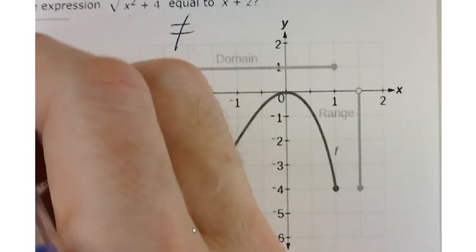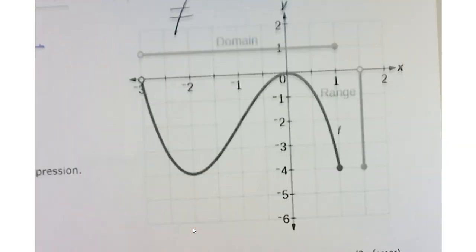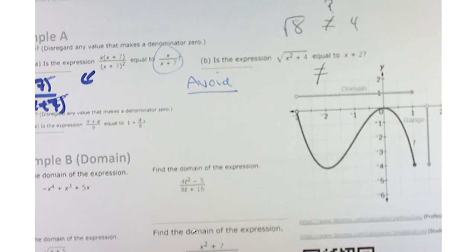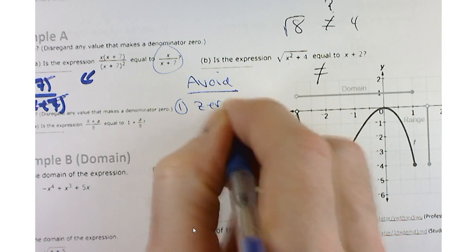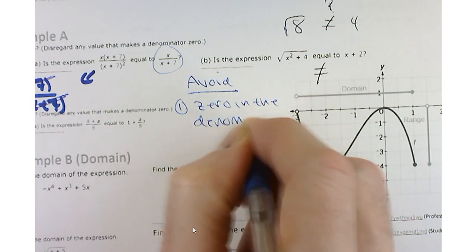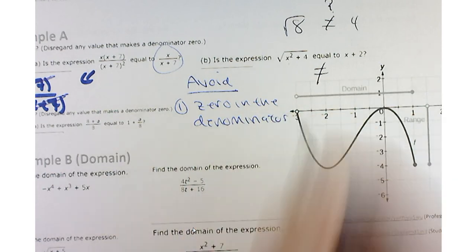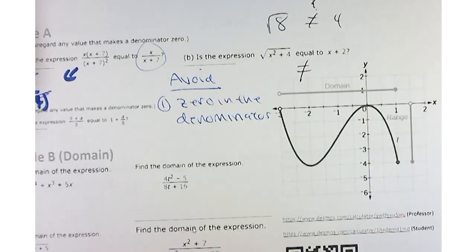Those things to avoid fall in a couple categories. The first thing to avoid is 0 in the denominator. What else do I want to avoid? Well, it has to deal with our square roots and our even-powered roots.